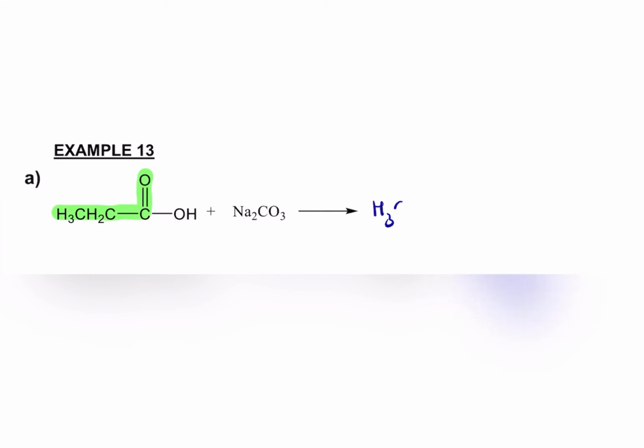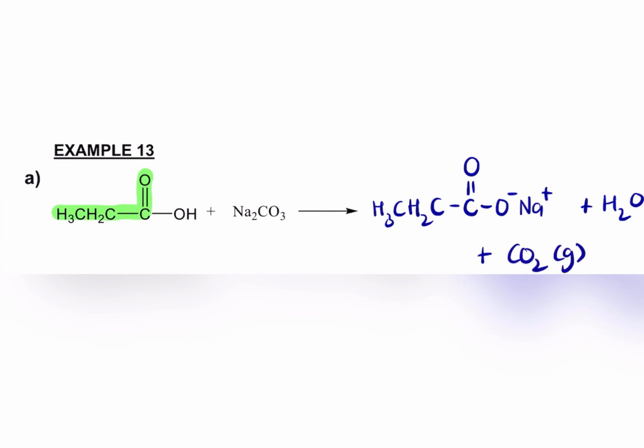So I will have CH3, CH2, bonded to C, double bond O. And the next one, I will have O minus, and then I will attract Na plus from sodium carbonate. So I will put it beside O minus. So this is my metal carboxylate salt plus H2O and then plus CO2 in gas. So this is my product for example 13, equation A.